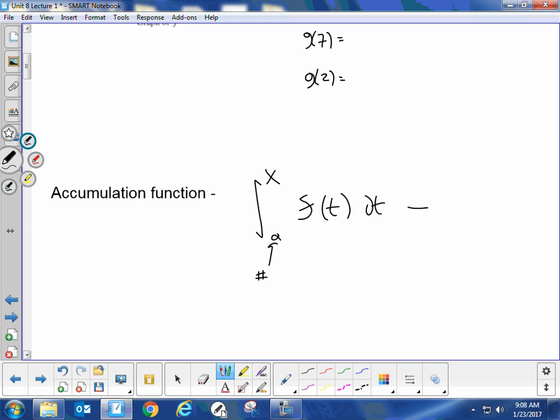It is read the accumulated area from a to x under f. Okay, we're going to be working with this type of function today, this accumulation function.